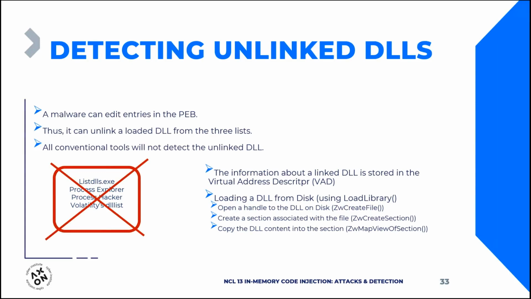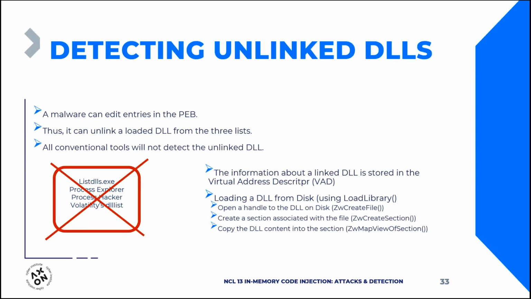Okay, and many conventional tools cannot detect DLLs that have been removed from the process environment block, including Process Explorer, Process Hacker, Volatility dlllist, ListDLLs.exe. All of these tools will not detect any DLL that has been unlinked from the PEB.